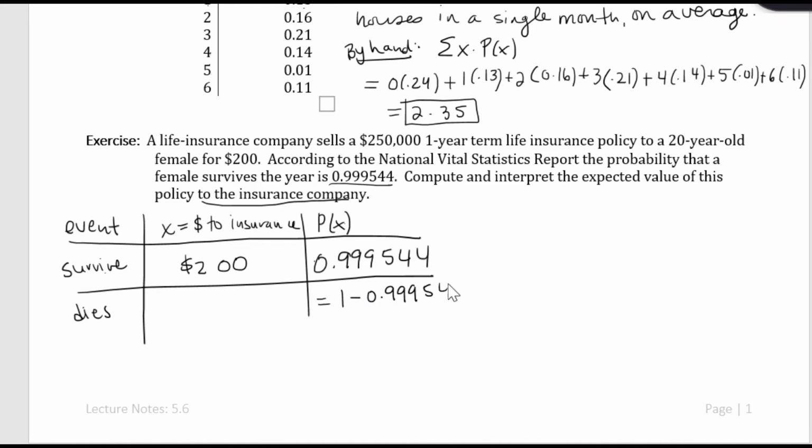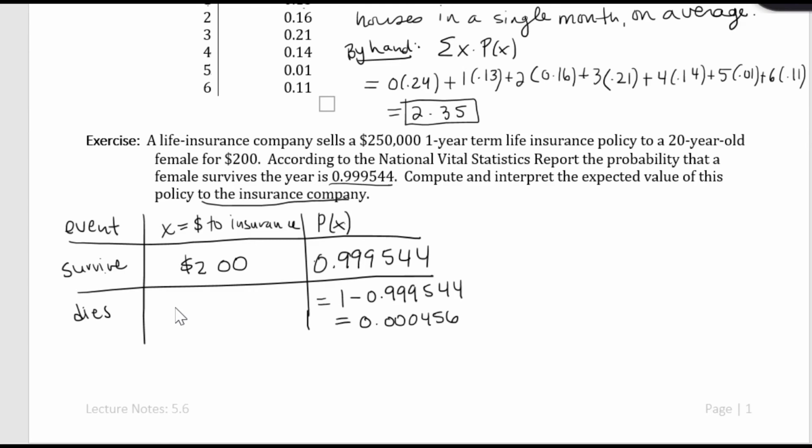This is just using the complement rule. If you do that, you get 0.000456.